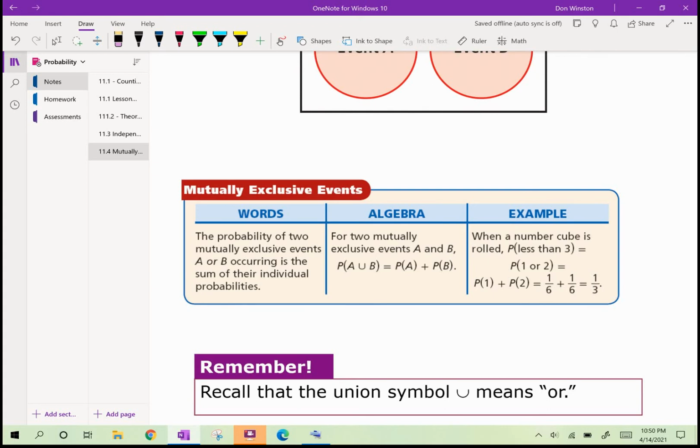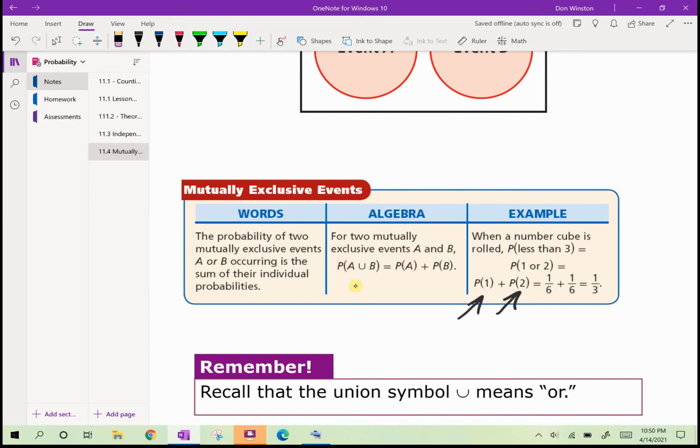So when a cube is rolled, what's the probability that the number is less than 3? You can add up the probabilities. You can't roll a 1 and a 2 at the same time. You either roll a 1 or a 2. So the probability you roll a number less than 3 is equal to the probability you roll a 1 plus the probability you roll a 2, or 1/6 plus 1/6 is 2/6, which is 1/3.